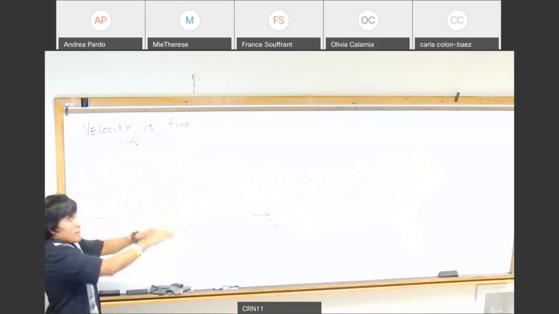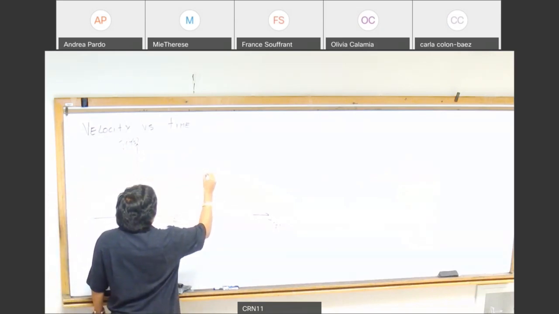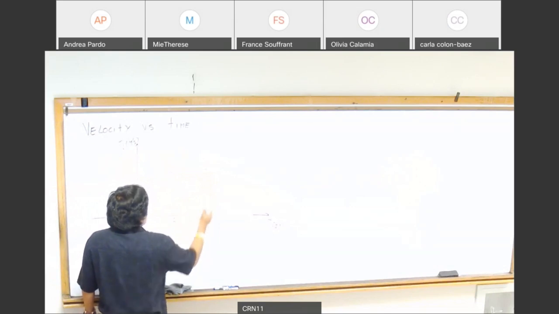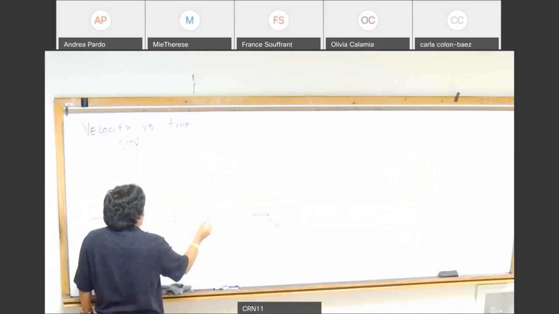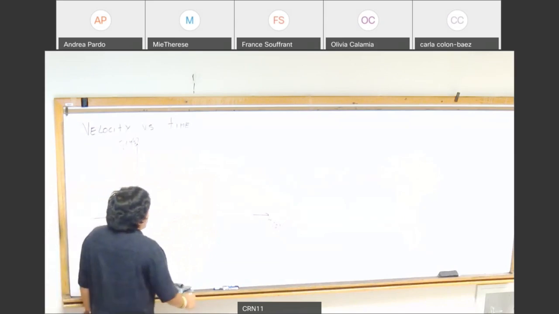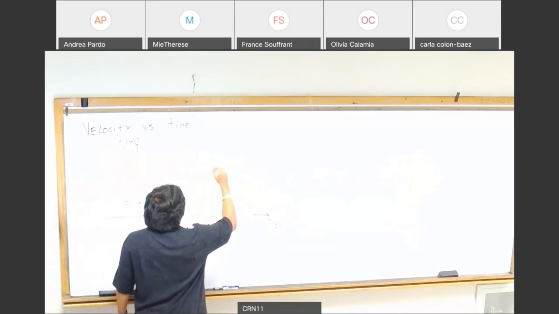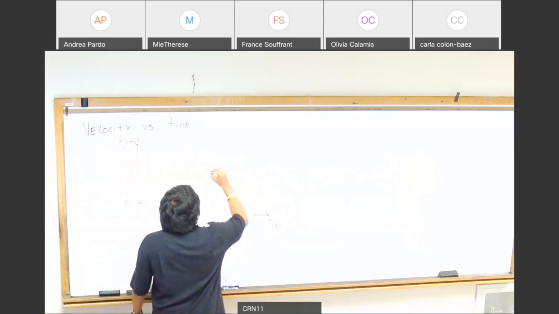Then the object is going to keep moving at a constant rate, constant speed for 4 seconds. So this will be 6. And then it's going to, again, increase the velocity. Now it's going to go more steep. Let's make it, actually, no, less steep.